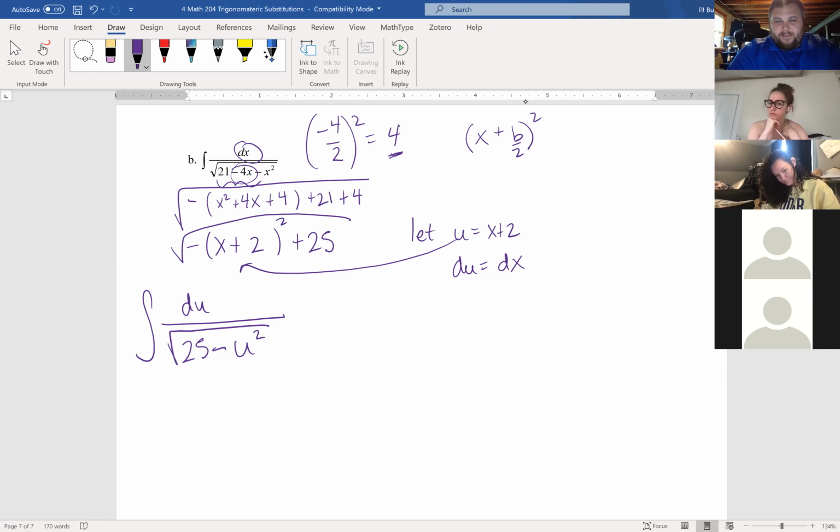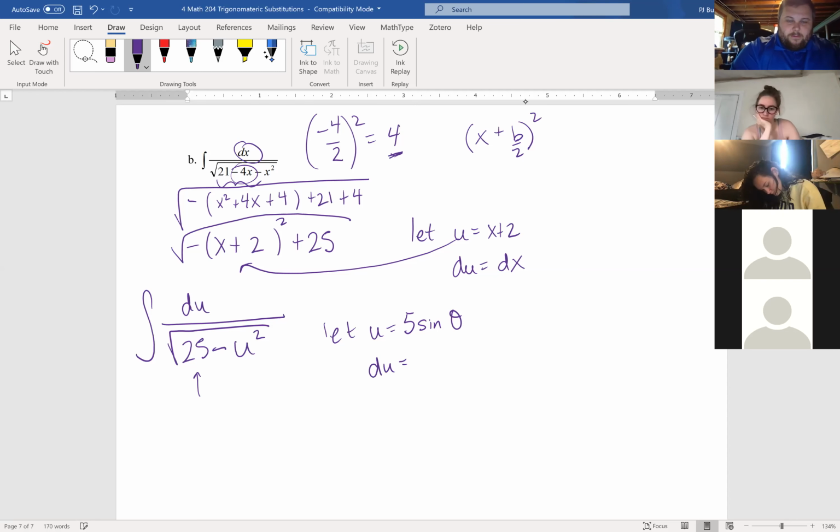The Pythagorean identity that matches that is sine. So let u equal 5 sine of theta. Right, 5 because a squared is 25, therefore a is 5. Du here then is going to be 5 cosine theta d theta.